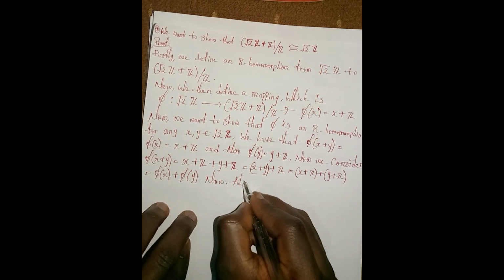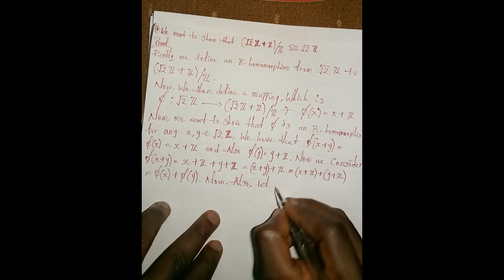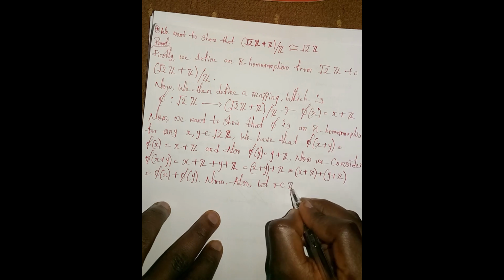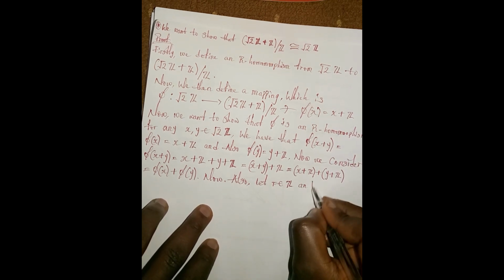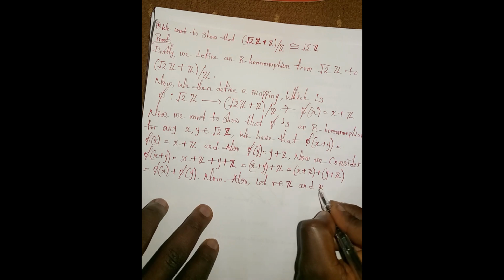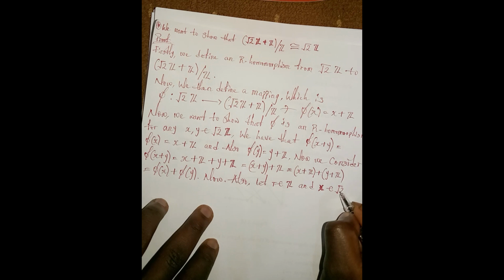Now also, we'll say let R be contained in script z, which is the set of all integers, and x be contained in the square root of 2 script z.